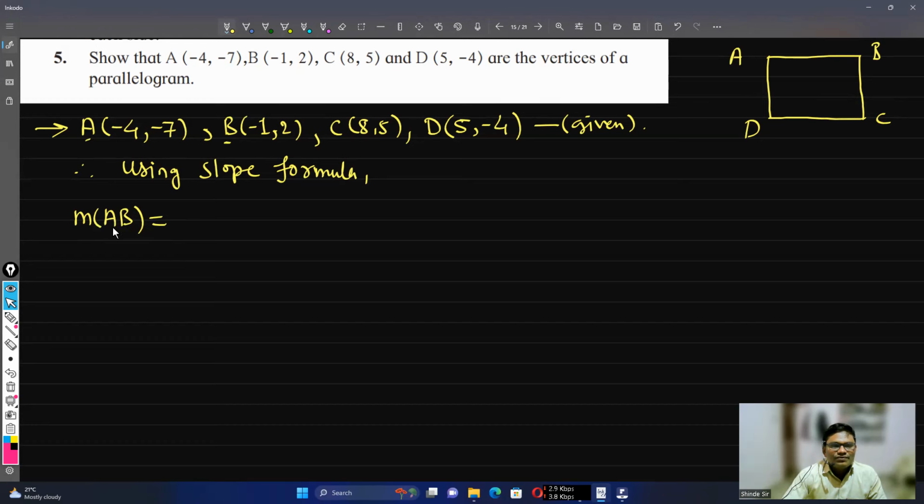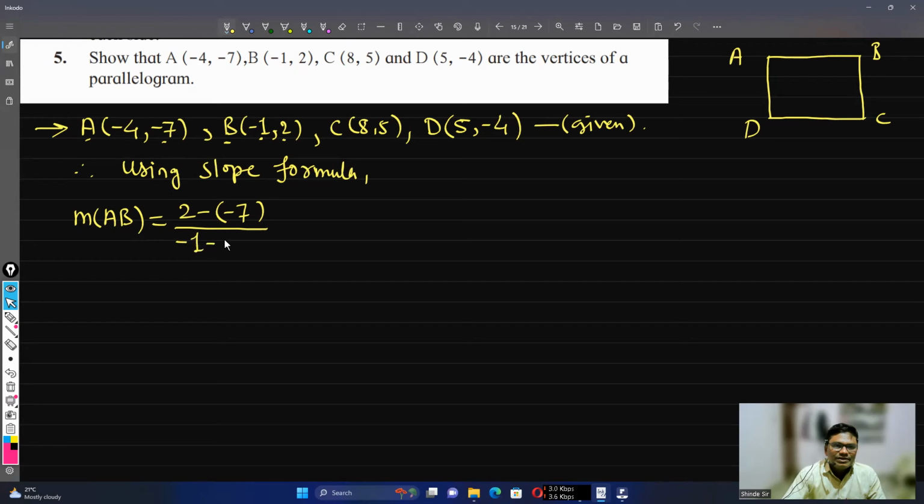For the slope formula, we write 2 minus minus 7, that is y2 minus y1, and in the denominator we write minus 1 minus minus 4, that is x2 minus x1.